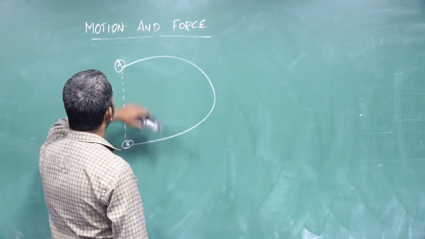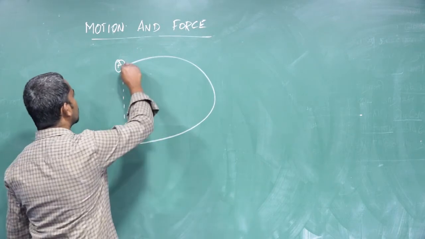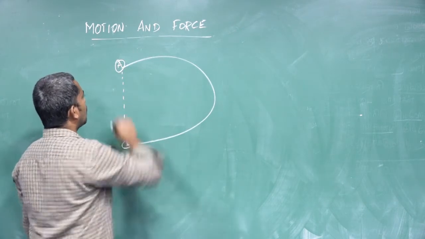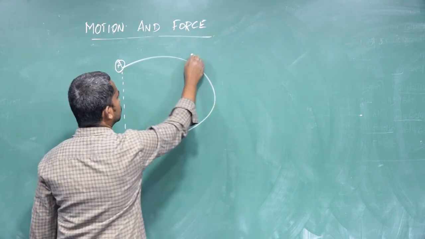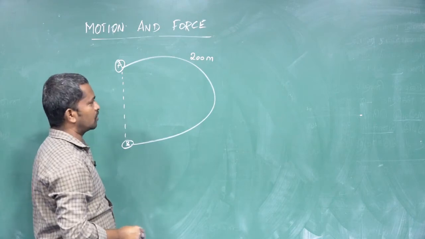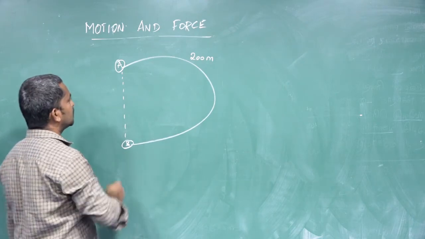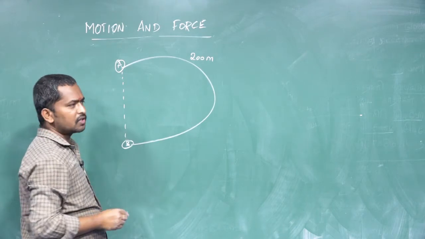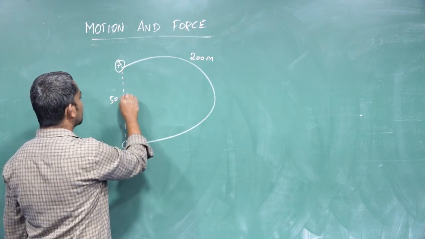One example: a person initially starts at position A and reaches B along the path. This is 200 meter. The actual length of the path is called distance. The shortest distance between A and B is 50 meter.